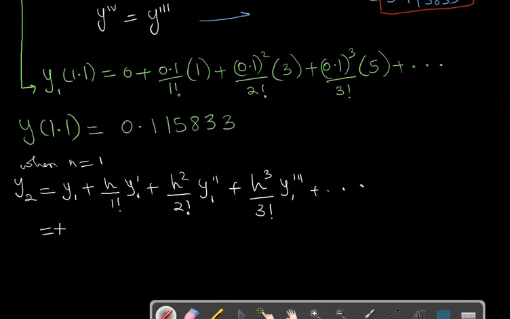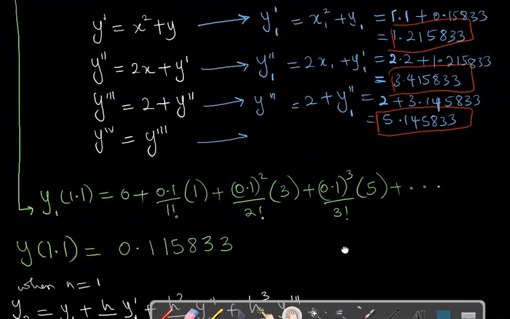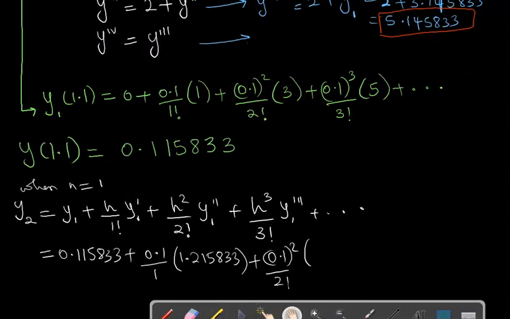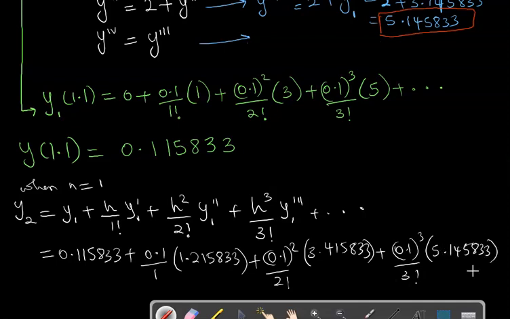So that will give us 0.115833 plus our h, which is 0.1 over 1 factorial times 1.215833, plus 0.1 squared over 2 factorial times the other value here, which is 3.415833, and lastly 0.1 cubed over 3 factorial times 5.415833.